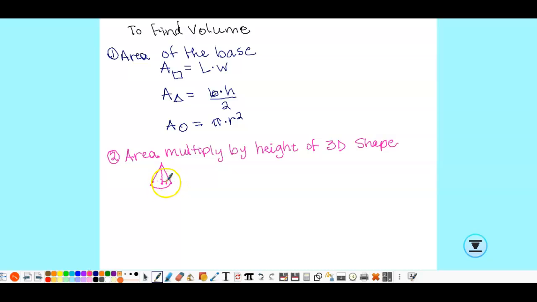Sometimes they give us this dimension and the radius, but they don't give us the height. But if you notice, when we draw that radius along with the slanted side of this cone and the height, we get this right triangle. So sometimes we might have to use the Pythagorean theorem to find the height of one of these figures, usually a pyramid or a cone.